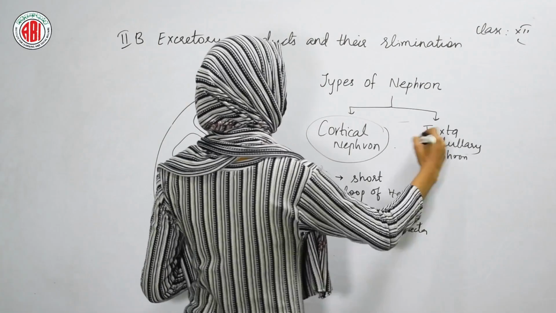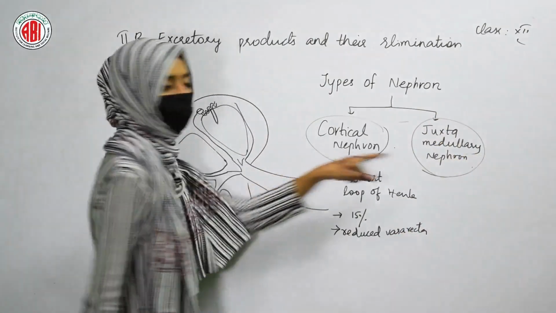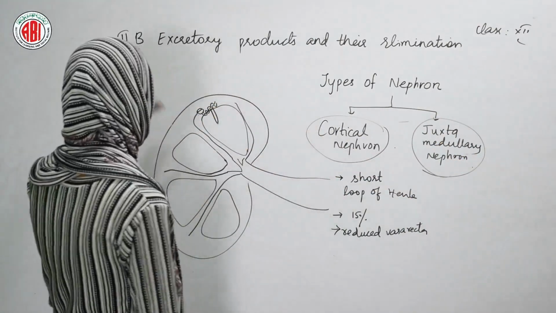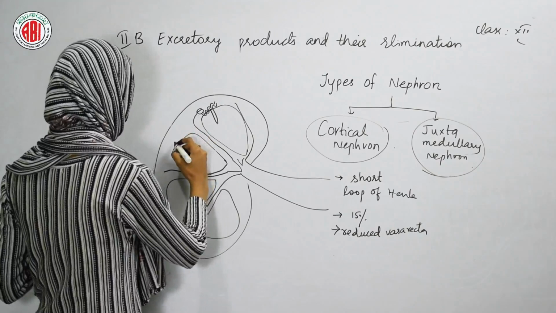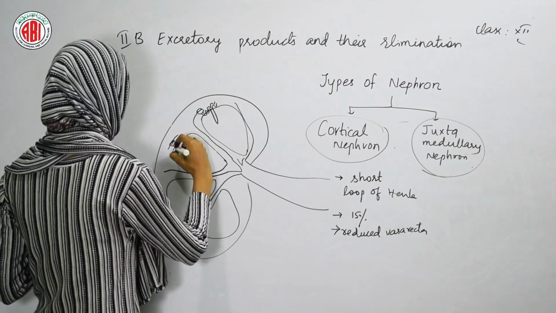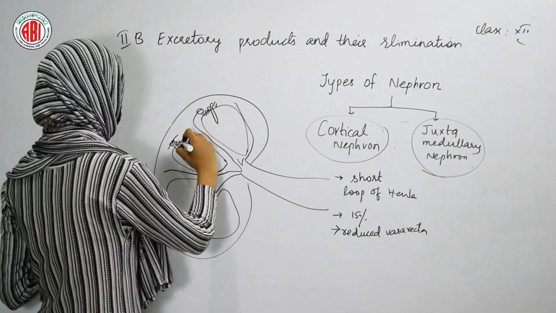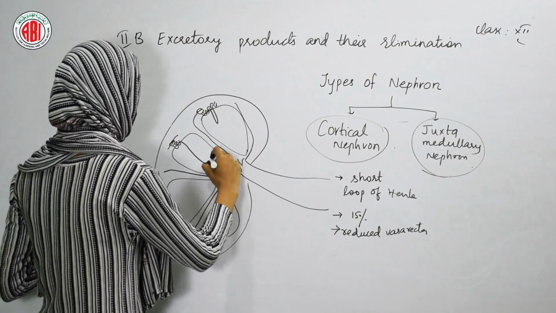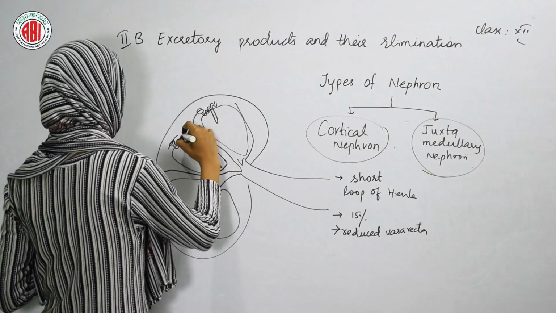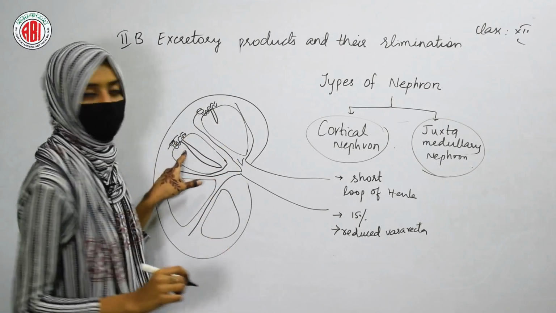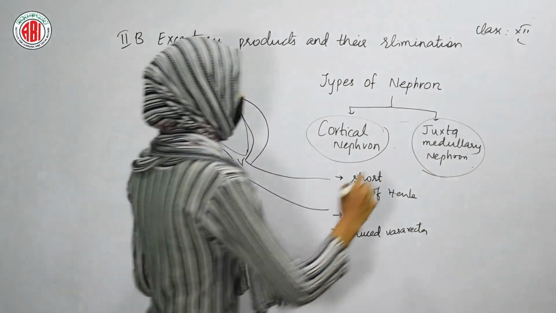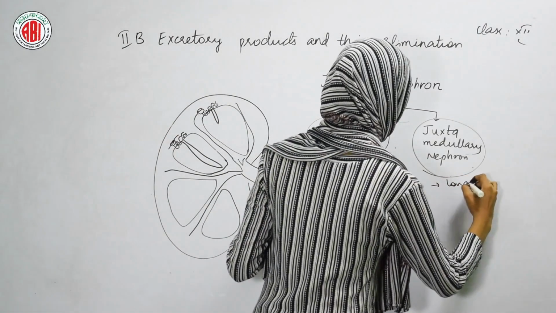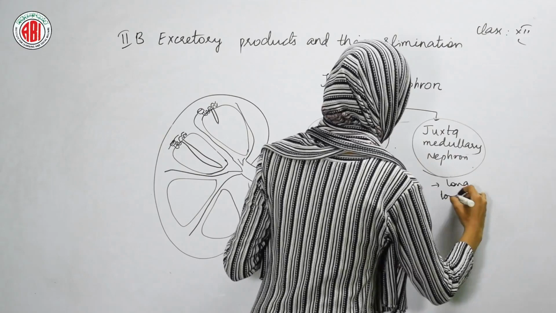But when you see the other type of nephron, the juxtamedullary nephron, it shows all the parts like the proximal convoluted tubule in the cortical region only, but the loop of Henle of the juxtamedullary nephron will be very long. So a long loop of Henle is found in the juxtamedullary nephron.